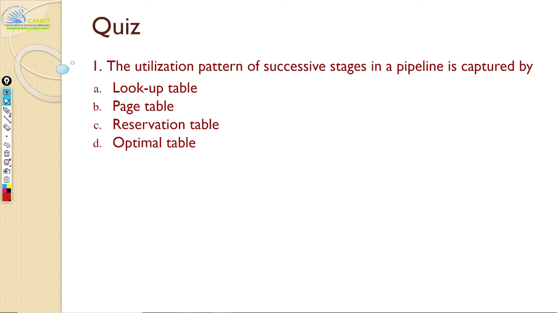The utilization pattern of successive stages in a pipeline is captured by lookup table, page table, reservation table, or optimal table. This question looks like a Kaun Banega Crorepati question. Aliva, you want to answer this?